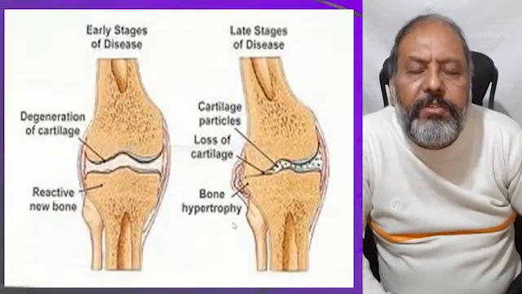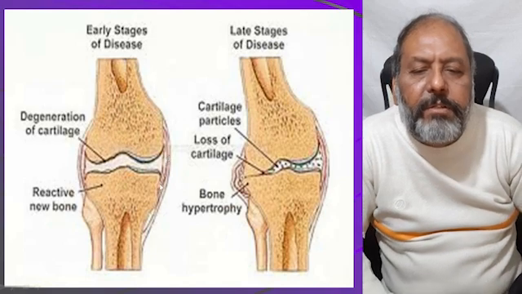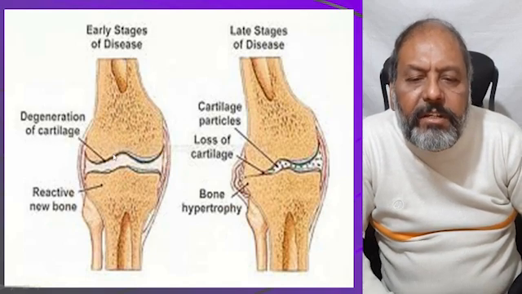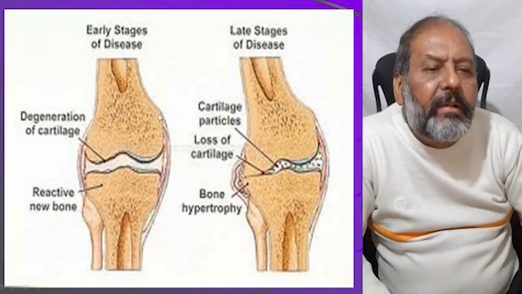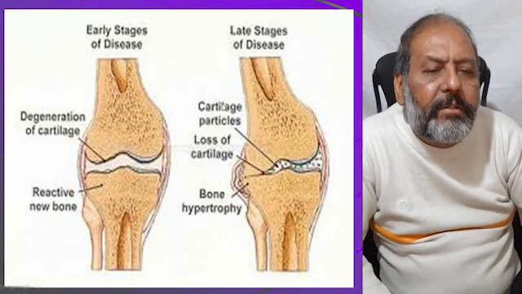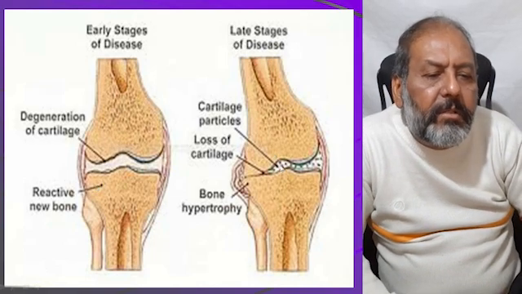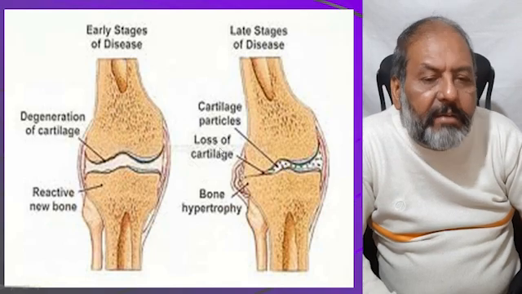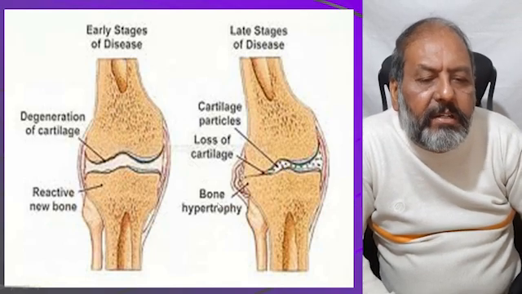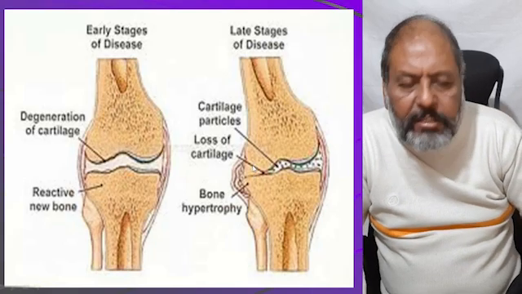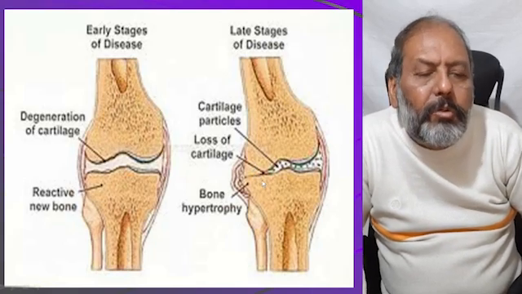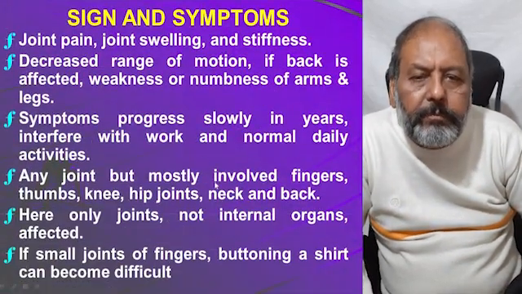And here one can see in the early stage of the disease, there is degeneration of the cartilage and reactive new bone formation. In the late stage of the disease, cartilage particles fall in the joint cavity and there is loss of cartilage and bone hypertrophy. So the space between the two bones becomes less.